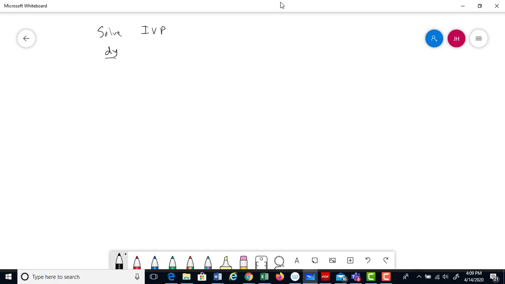So the first derivative is equal to minus cosecant squared of x over 2, and y of pi over 4 is equal to 7. All right, hope I don't regret this.